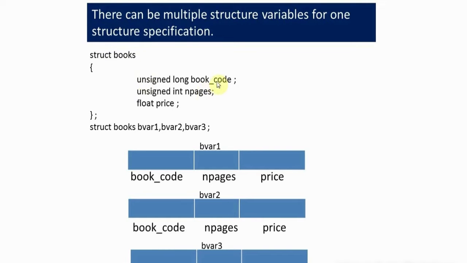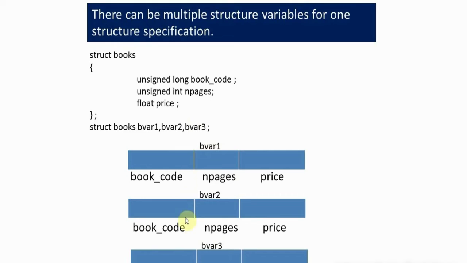So I have specified members of the structure like book code, pages and price. Suppose I want to make this structure specification work upon 3 books. So what do we do? At the time of declaration of structure variables, instead of declaring only one, I can declare 3 or more structure variables: struct books bvar1, bvar2, bvar3. That means I am declaring 3 structure variables.